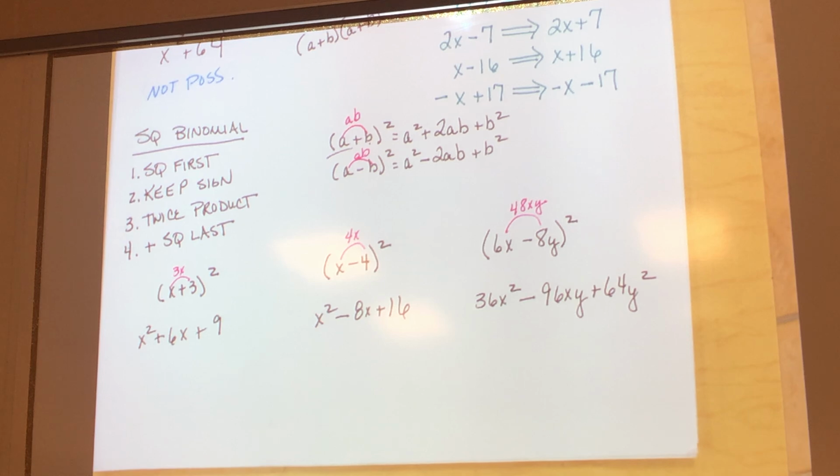There's 4 operations in math. Which one of those is factoring? Division. Factoring is dividing something out. It's taking something out. It is dividing it out.